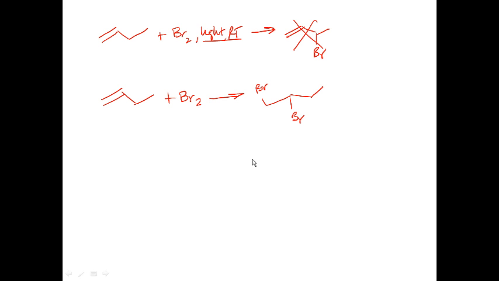So if I wanted to free radically brominate this molecule, instead of using Br2, whether there's light and room temperature or not, which would result in addition, what I would do is add NBS to this, and the NBS would then free radically halogenate at that position.